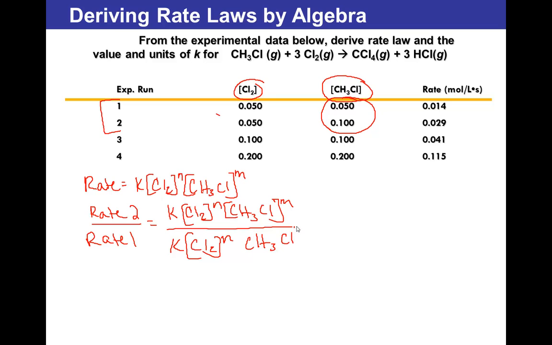If we use experiments 1 and 2, the Cl2s end up canceling out, and all we have are the CH3Cls. So rate of 2 is 0.029. The rate of 1 is 0.014. We have K. Cl2 for rate 2 is 0.05.